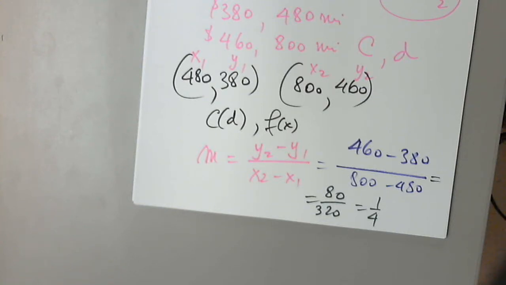But does it matter whether you have that as an x and the other as a y? Yes. Absolutely. Because it's cost that depends on miles. It's not miles that depend on cost.